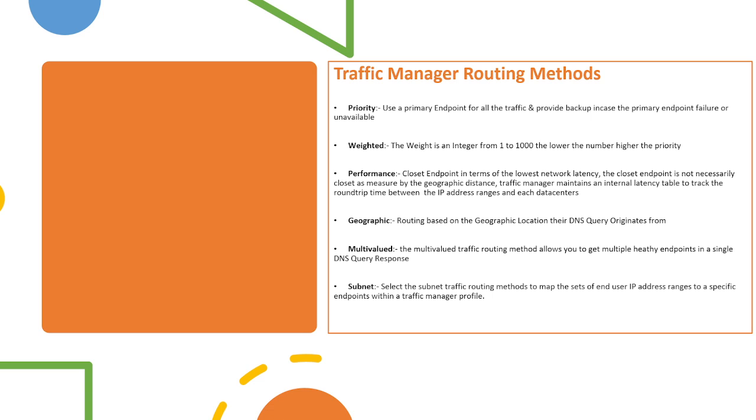If it is 10.0.0.0/16, then send to maybe some other application server. Like that, based on the subnet, if you want to send that particular traffic, then you can go with the subnet-based routing method. So these are all the 6 routing methods we have with respect to the traffic manager. Okay, that's about the traffic manager.